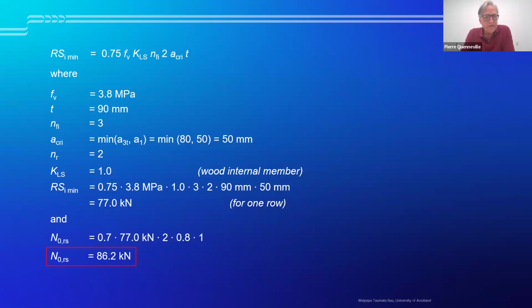And for the 2 rows, we would need to multiply this value times our material reduction factor of 0.7, our load duration factor of 0.8, and our service condition factor of 1. So our row shear resistance for the 2 rows is 86.2.